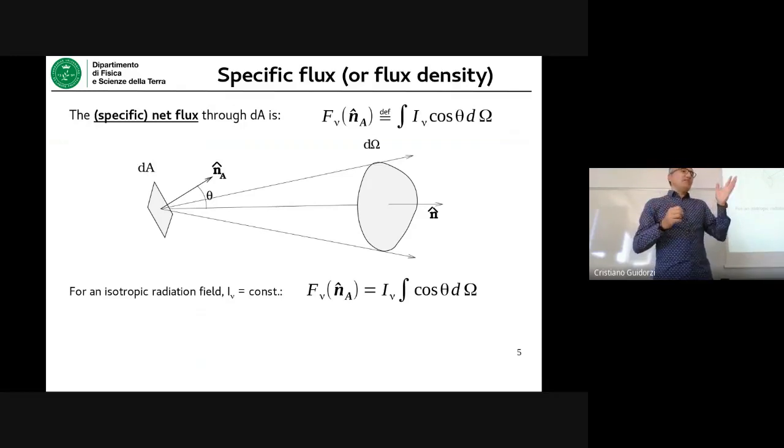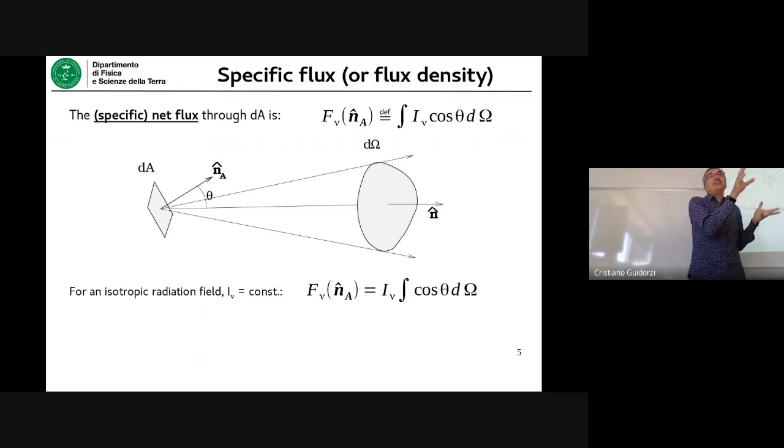Because if it is completely isotropic, you have a surface, it means that you've got an amount of radiation going from one side of the surface to the other side, and the same amount of radiation in the opposite direction, because of the isotropy of the field. So you have no net transfer of energy carried by radiation from one side to the other. You have got as much energy going from one side to the other as the other way around. So the net result is 0.